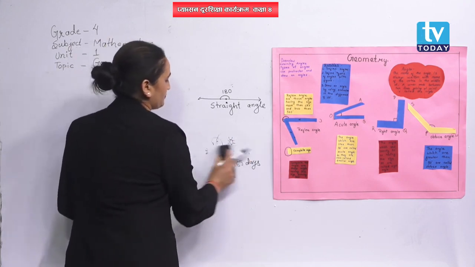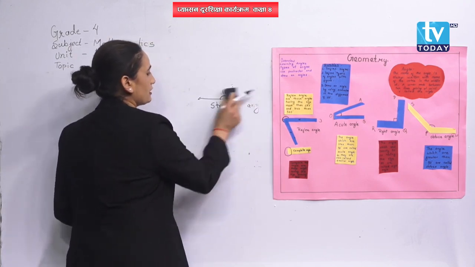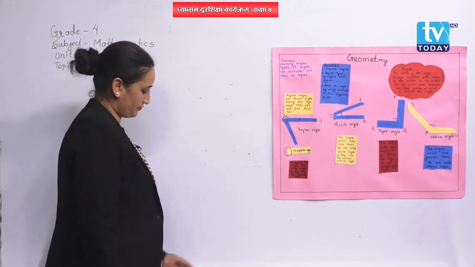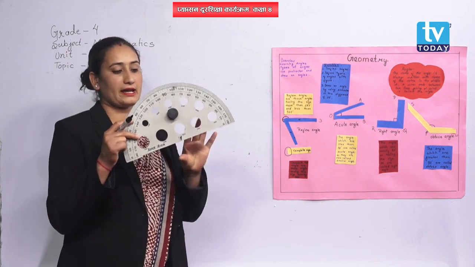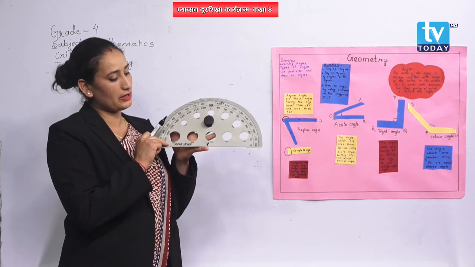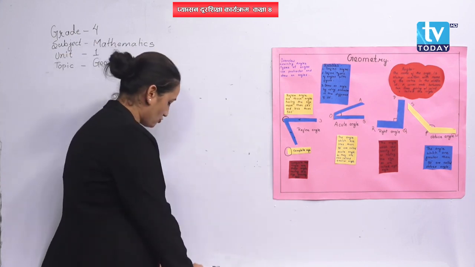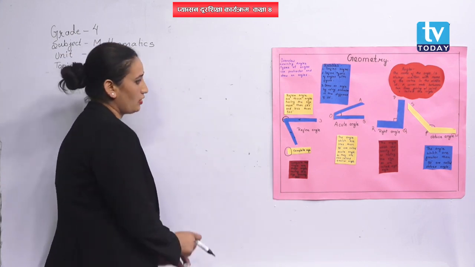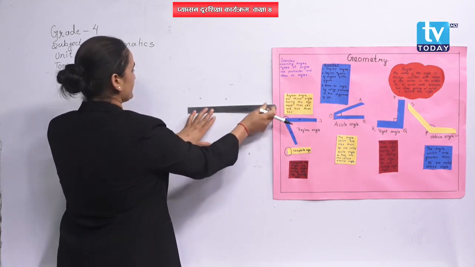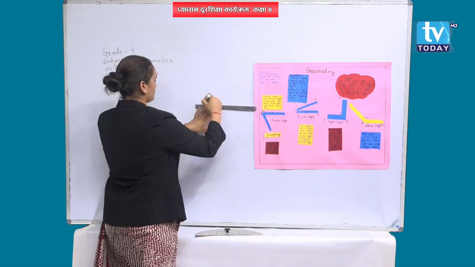Okay, after this, the only thing I'm going to teach you here is how to use a protractor. I have a protractor in my hand. Have you seen this one? Yes. Now it's time to learn about the protractor. Will you draw one straight line? All of you can take the scale and draw a straight line over here.